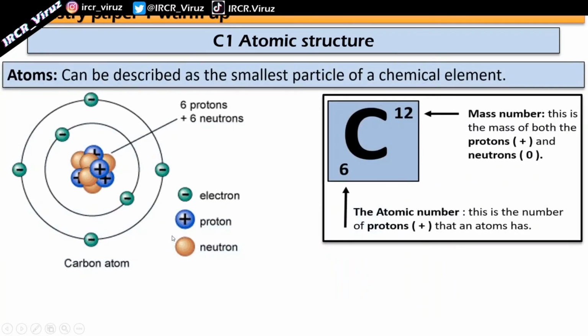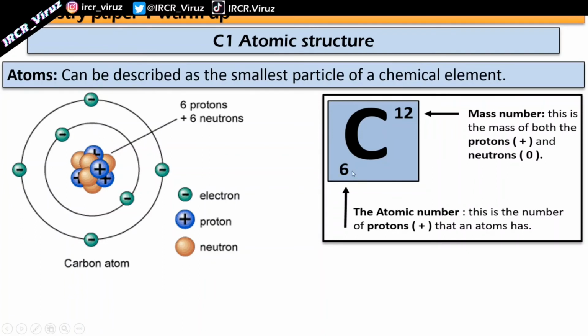Atoms can be described as the smallest particle of a chemical element. In the middle, in the nucleus, we have the protons and the neutrons, and in the shells or energy levels we have the electrons. You always have the same number of protons and electrons because they cancel each other out. That's why atoms don't have a charge.